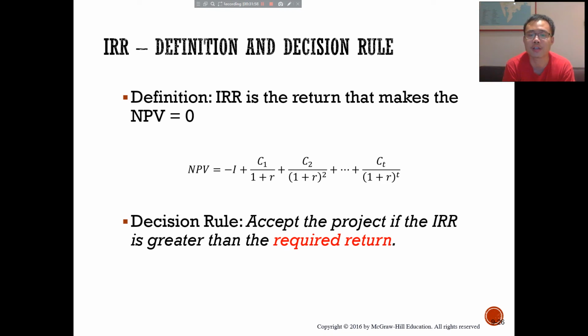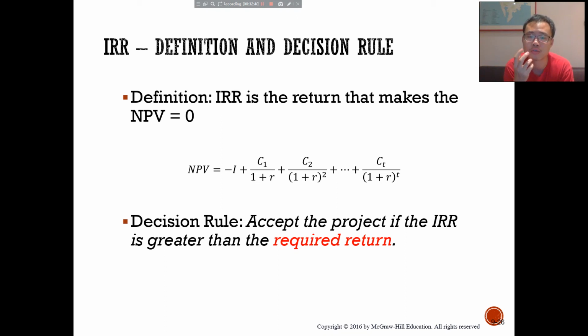If IRR is greater than the required return, that means the NPV calculated using IRR is lower than the NPV calculated using the required return, right? Since the IRR is defined as a rate when NPV is 0, that means if IRR is greater than the required return, then the NPV calculated using the required return should be greater than 0. It should be positive, right?